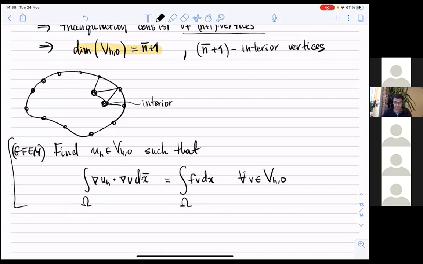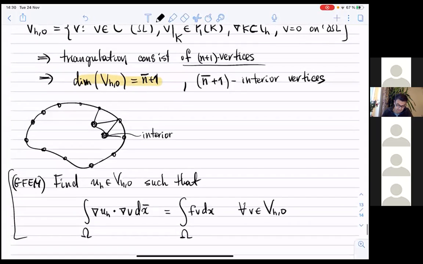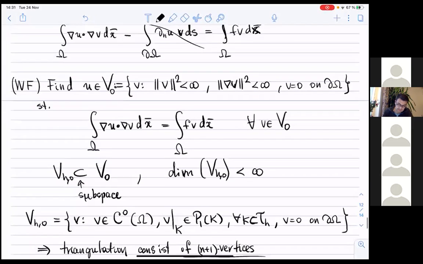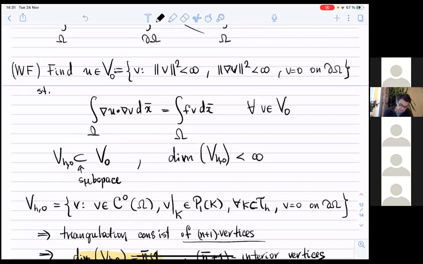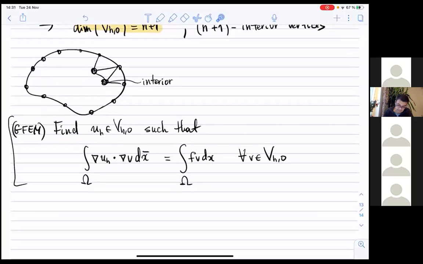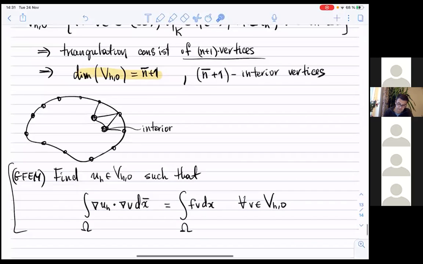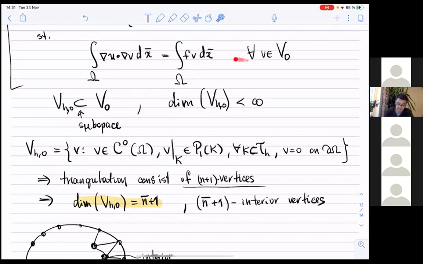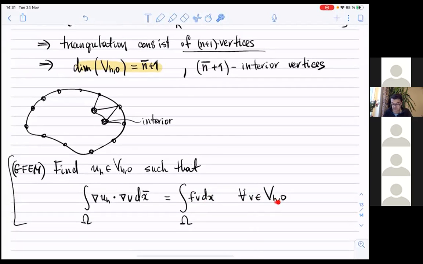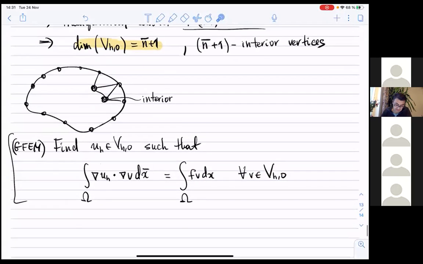Okay, so we can do Galerkin orthogonality. For Galerkin orthogonality, we have to subtract the Galerkin formulation from the weak formulation. We see that the right-hand sides are the same if we take the test function from this finite dimensional subspace.